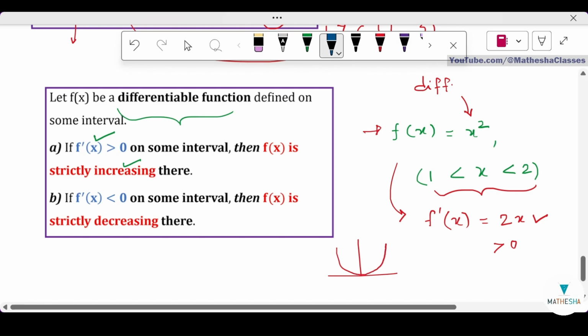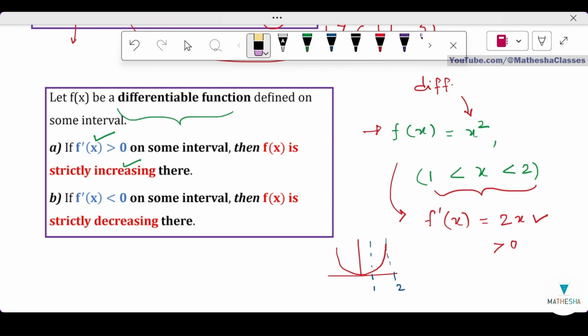अब देखिए, अगर ये 1 पॉइंट है और ये 2 पॉइंट है, अब देखिए ये जो 1 से 2 के बीच में it is going upward, the function is going upward, it is increasing. So this is what the result says.